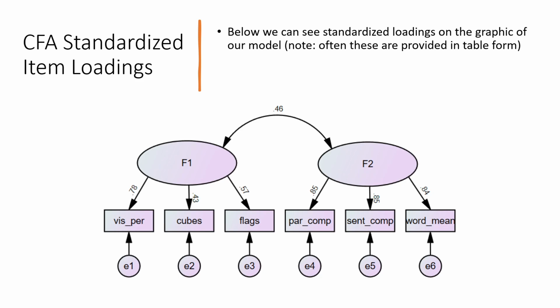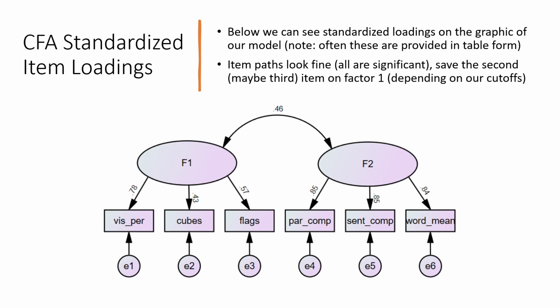The cubes might be a little bit low, but two things come into play here. One is all of these paths are statistically significant. So again, we can do a statistical significance test here. Cubes is a little low, but it is statistically significantly related to that factor. And the second is that we had good model fit for this model. So I'm less critical of the items when my model is fitting well. I will sometimes go into the items looking for potential changes, especially if the model is fitting poorly, looking for potential places where poor model fit is coming in.